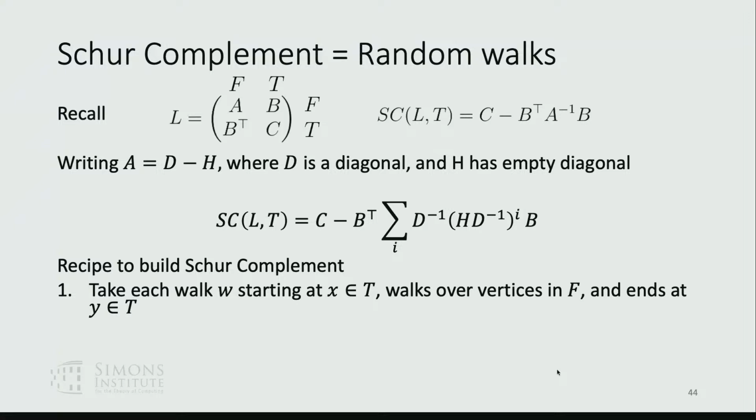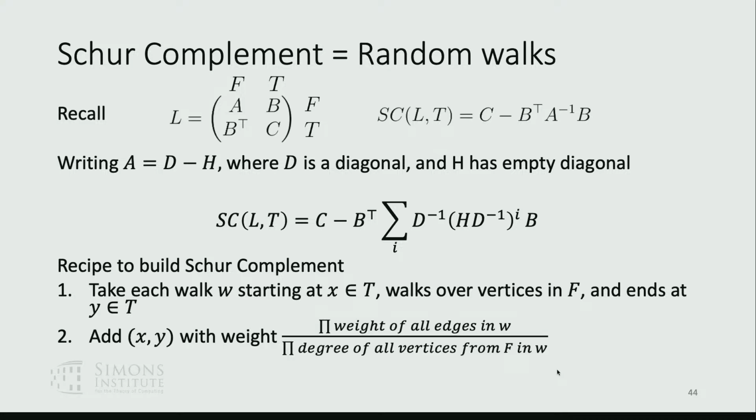I will take all walks, right? Like a path. You can repeat vertices, you can repeat edges, everything. I'll take all walks that start at a vertex X in T, walk only through vertices in F, so all the internal vertices are strictly in F, and then you're allowed to end at a vertex back in T. Take all of these walks and you assign them a fixed particular weight, which I'll tell you in just a second, and add an XY edge with that weight.